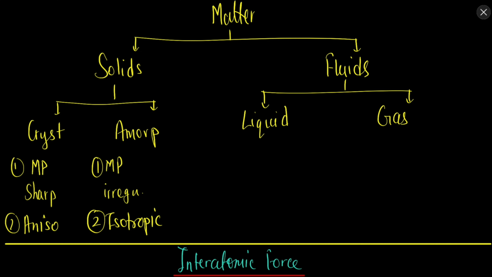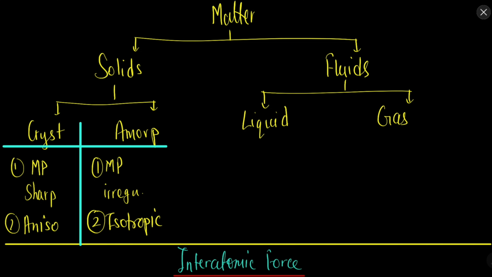So what are crystalline and amorphous solids? Crystalline solids are the solids which have a regular structure. The atoms or molecules in crystalline solids are arranged in a proper, regular manner, but in an amorphous solid the arrangement of the atoms or molecules is not regular.